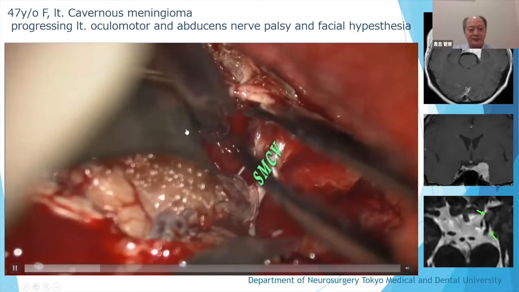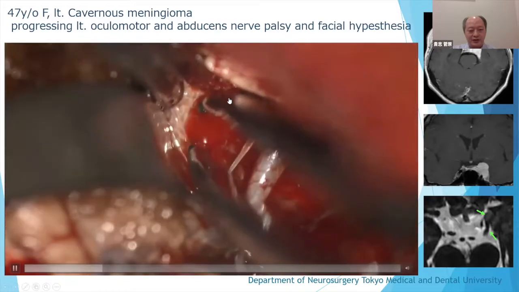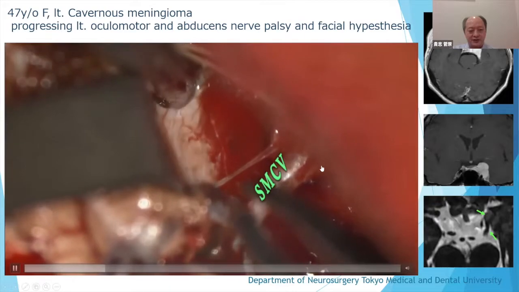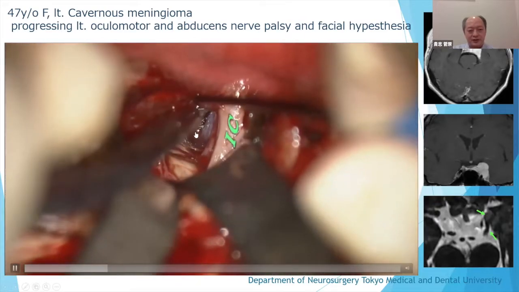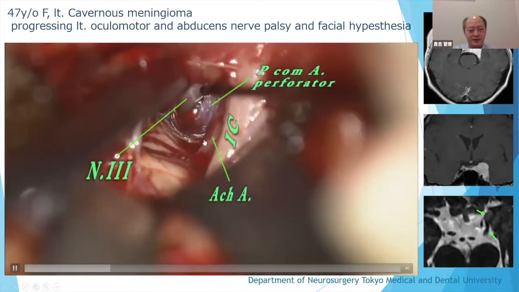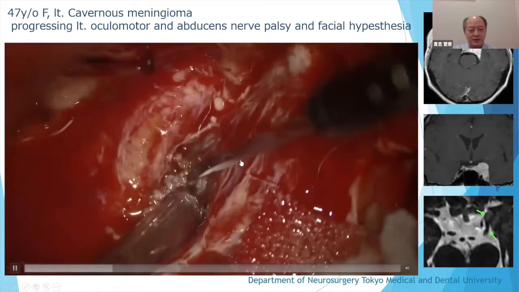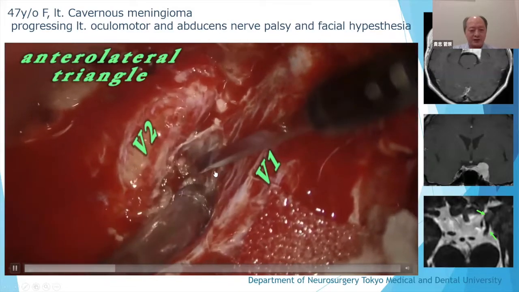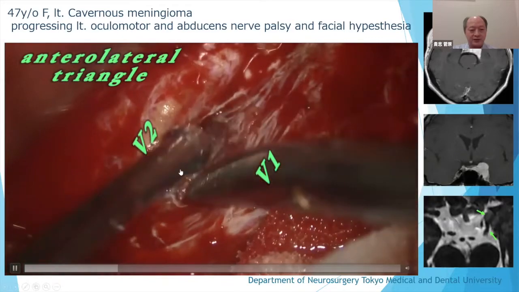And then remove the tumor inside of the dura first. And then you can see the oculomotor nerve here. And then go back to the outside of the dura, and here is the anterolateral triangle.